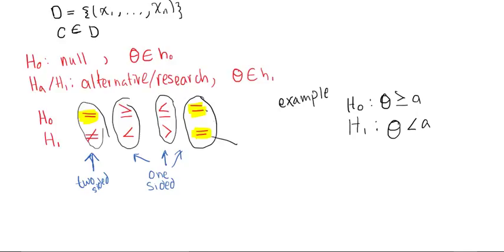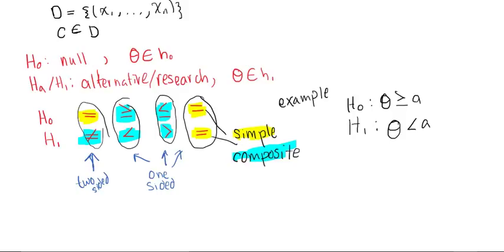Doesn't matter if it's the null or alternative. And the ones highlighted in blue are considered composite hypotheses. So composite was in blue and simple was in yellow.